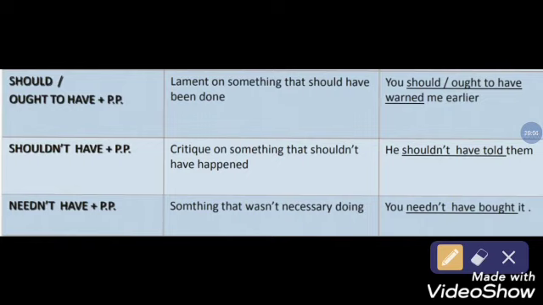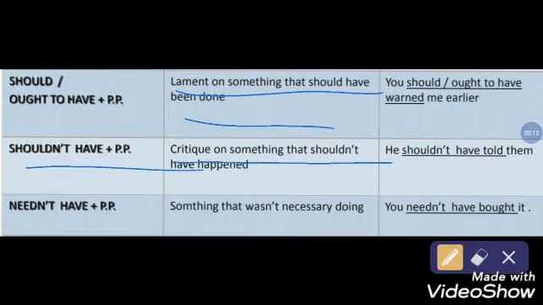It's used for blame on something that should have been done. And here, you should have warned me earlier. Okay. Next word is shouldn't have plus past perfect. It is to criticize something that should not have happened. For example, he shouldn't have told them. Next, needn't have plus past perfect, something that was not necessary.